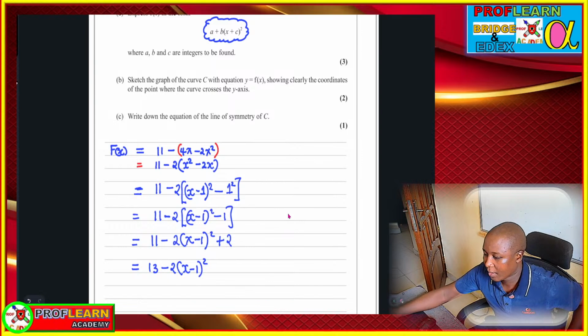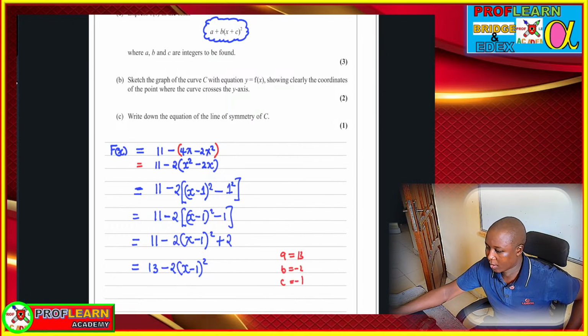And you can see in this case our a is 13, our b is negative 2, and our c equals to negative 1.